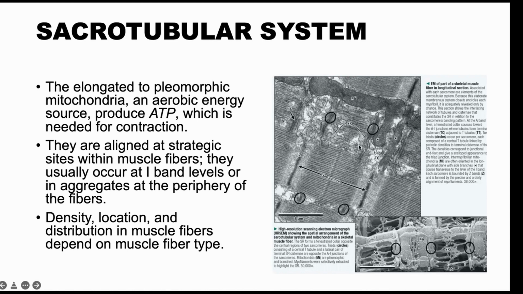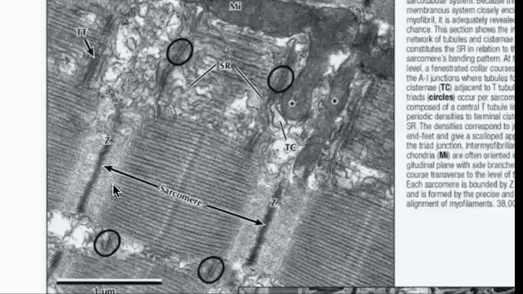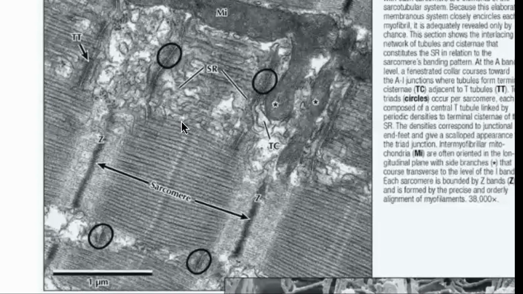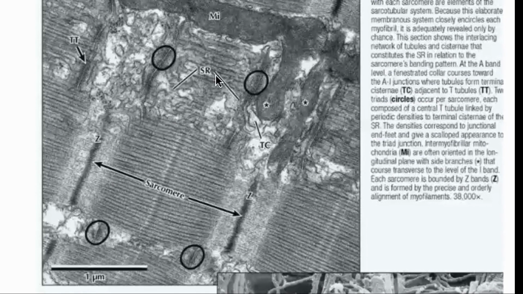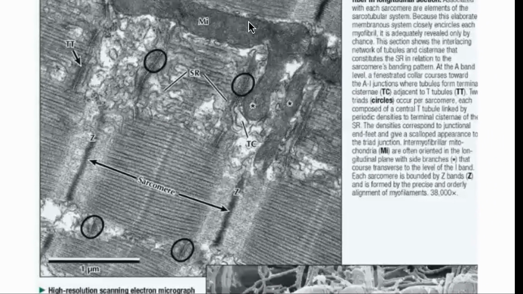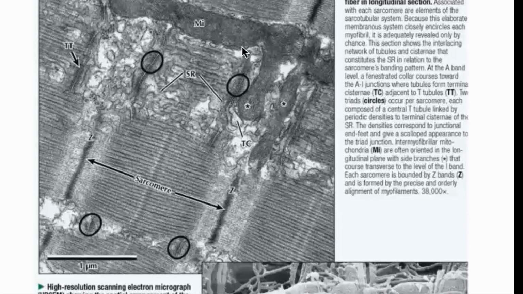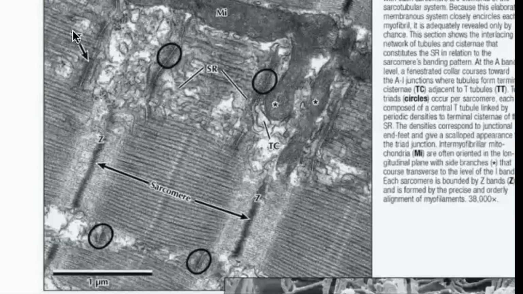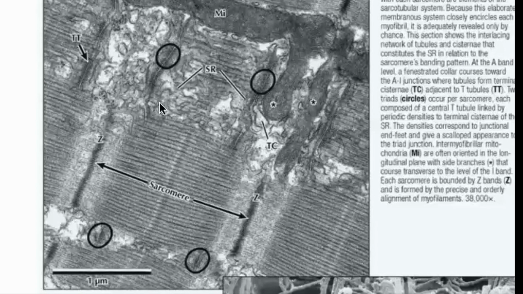This is a high resolution electron micrograph that is also showing the sarcomere. Remember, we said the sarcomere is the entire contractile unit, and you have the sarcoplasmic reticulum here. This is supposed to be a mitochondria. You have mitochondria that's supposed to be on the periphery sometimes, and it's always in relation to the sarcomere.